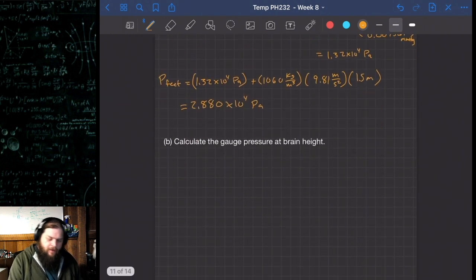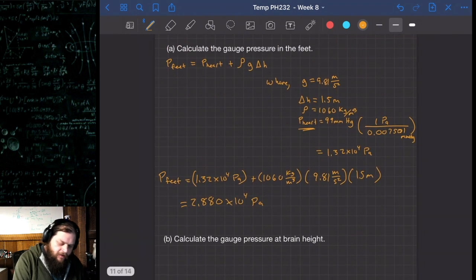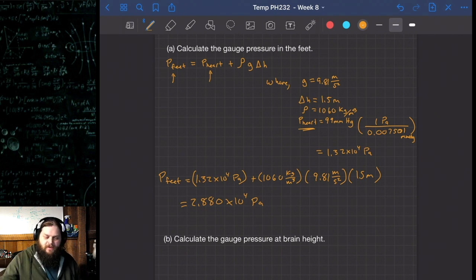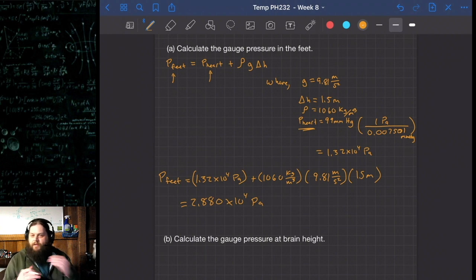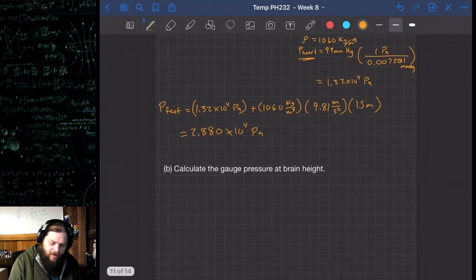We can do the same thing now for the pressure at the brain height. And we do that in the same way. Notice up here, I took the pressure at the lower one is equal to the pressure at the higher one plus the density, gravity, and delta H. That's kind of how you find these hydrostatic pressure equations. So doing the same thing here, in this case the brain height is the higher one.